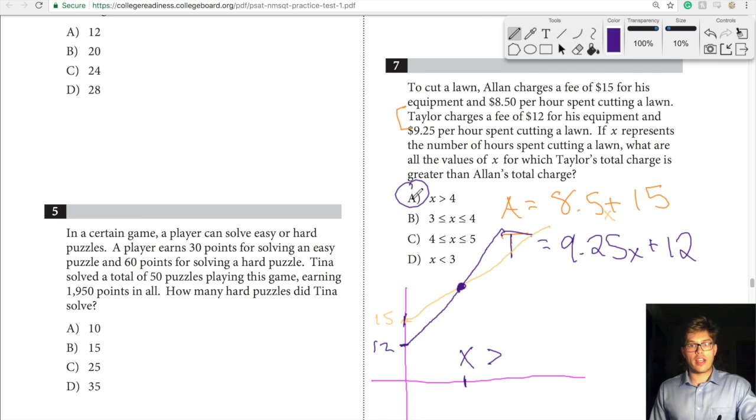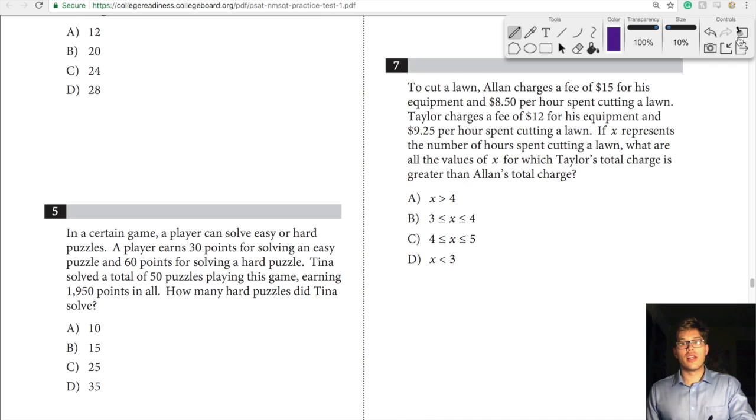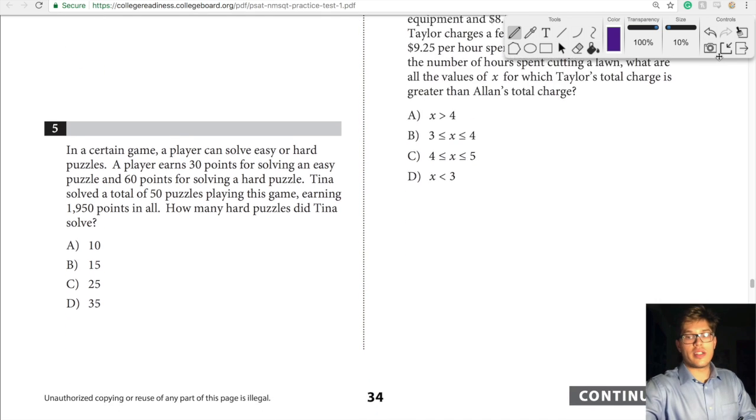So our answer here has to be A, because x isn't less than anything. We're wanting when Taylor's total charge is greater, and it's not in between two things. Once it passes, it's forever greater. So A has to be our answer to this question. All right, let's go down.